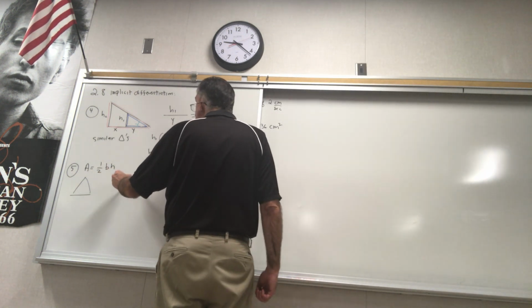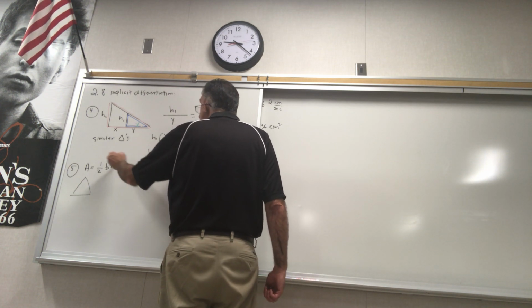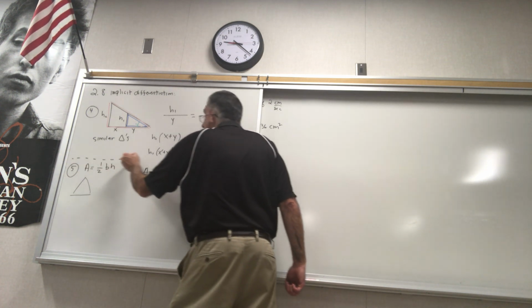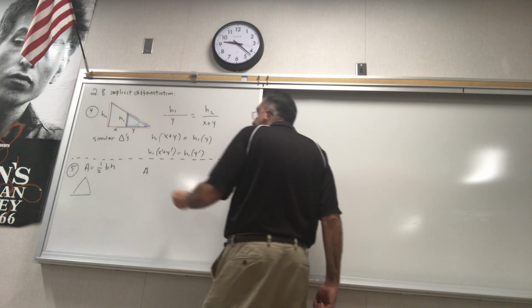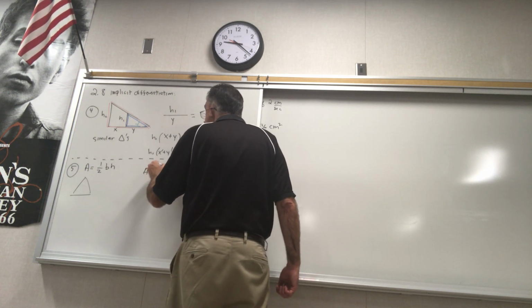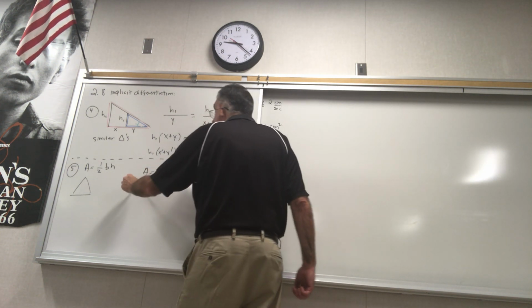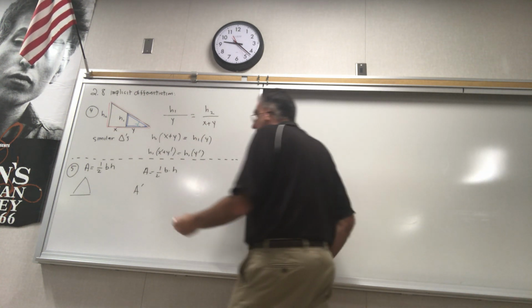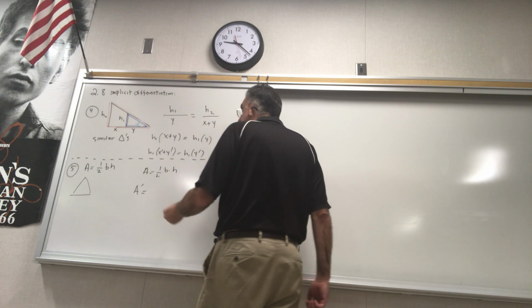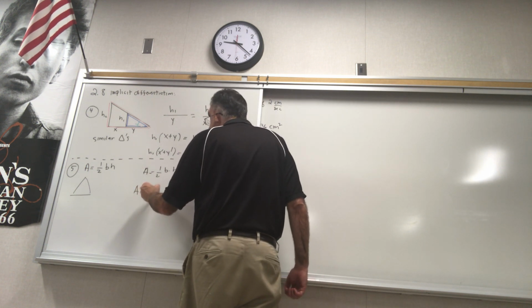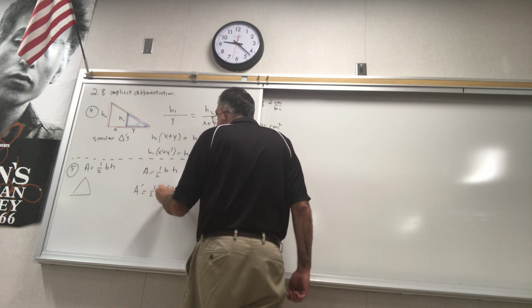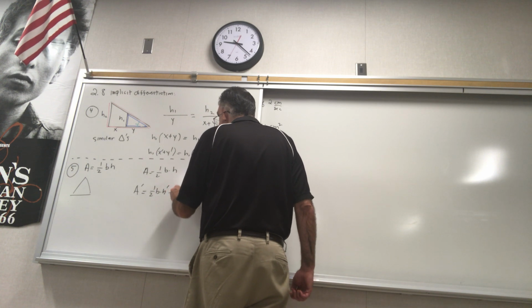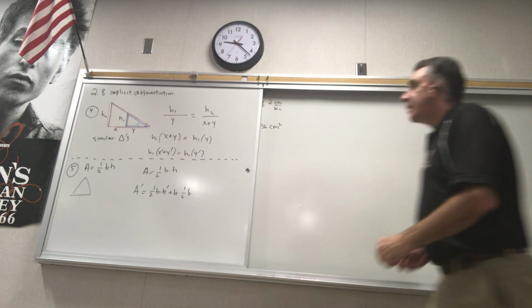So when I go to take the derivative of this, so area is 1/2 base times height. Remember, when you take the derivative of this, and this is where students sometimes forget, what we learned earlier in 2.3, is first times the derivative of the second plus the second times the derivative of the first.